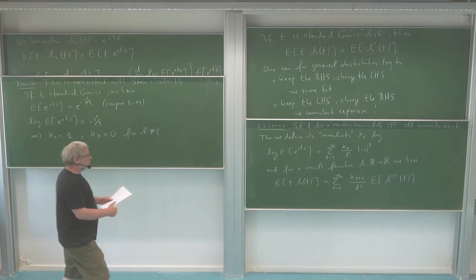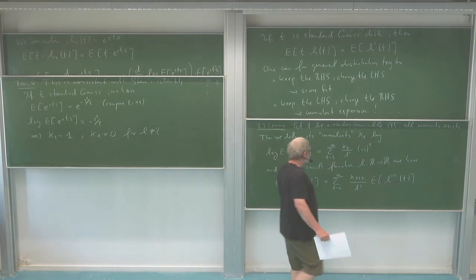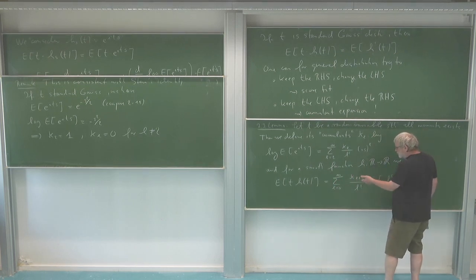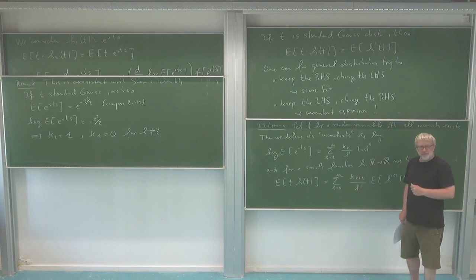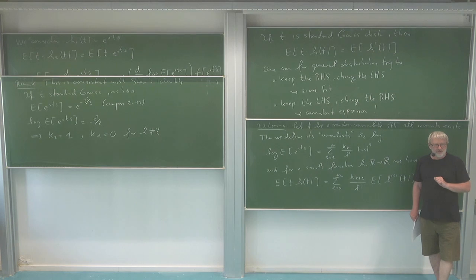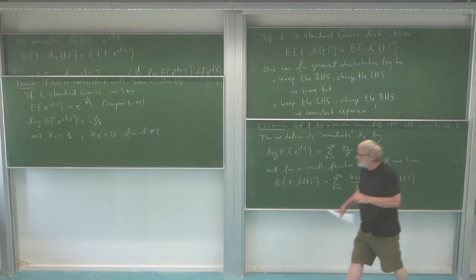Then this statement reduces: I'm summing only over the case where I have 2, which means L equal to 1, divided by 1 factorial, and here I just have the first derivative, and that's exactly Stein's identity.